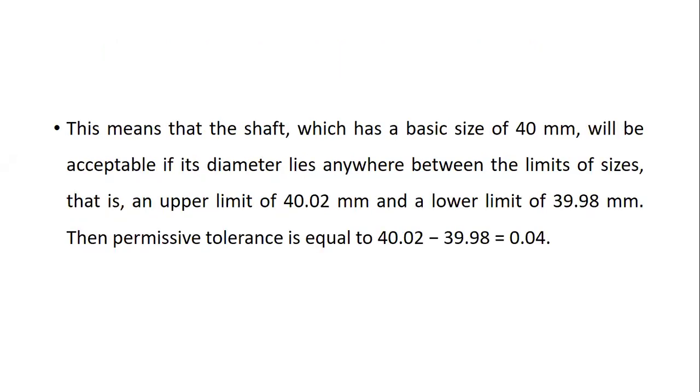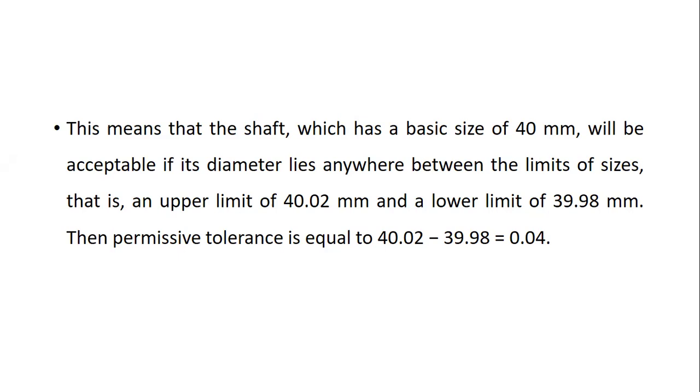The shaft's basic size is 40 mm. It is acceptable if its diameter lies between the limits of size, say upper limit 40.02 mm and lower limit 39.98 mm. So the permissible tolerance is 0.04 mm.